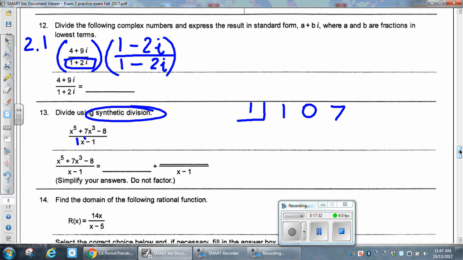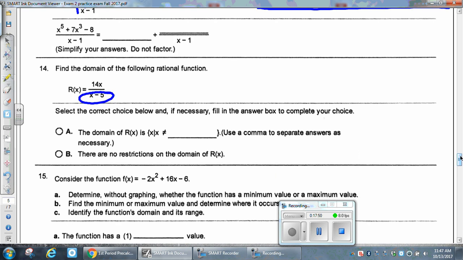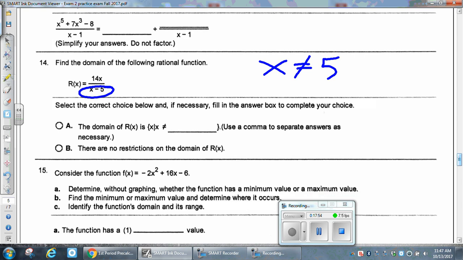Do we have x squared? No. Do we have an x? No. Do we have a constant? Yes. So you have to make up for those spaces, be very aware of that. Domain from here, whatever causes the denominator to be 0, you have to exclude it.